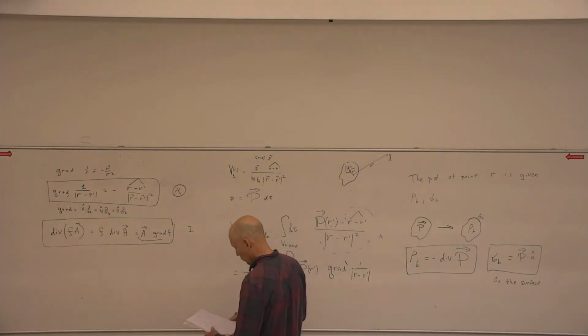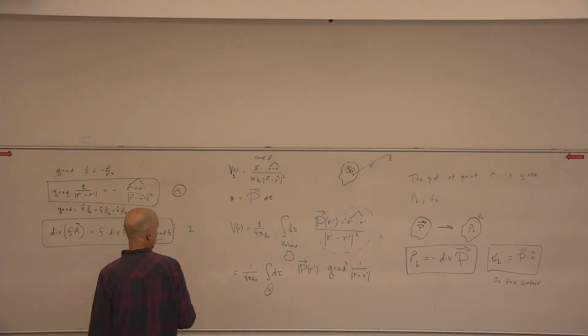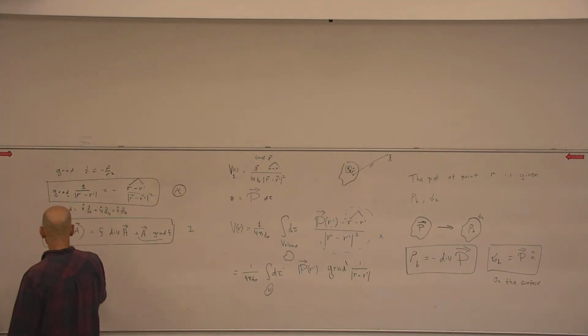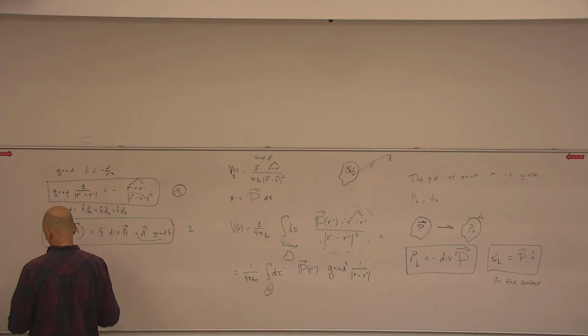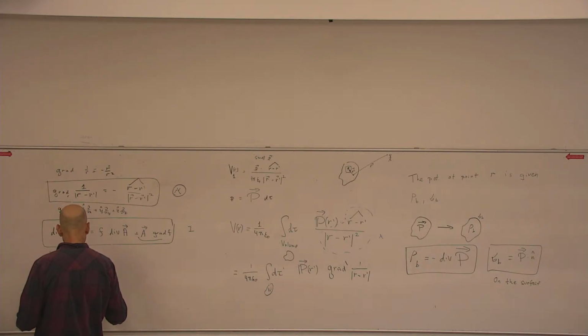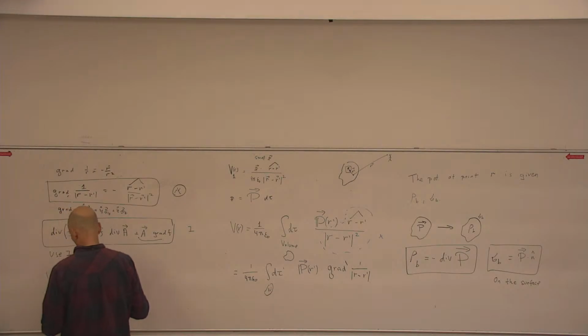So let us do this. Use bet. So V of r is equal to 1 over 4 pi epsilon, integral over the volume over tau, div.